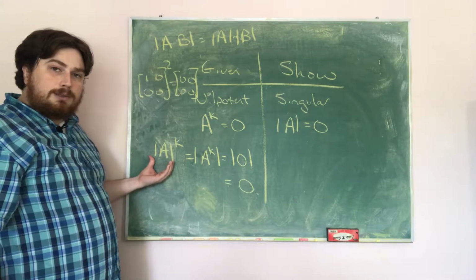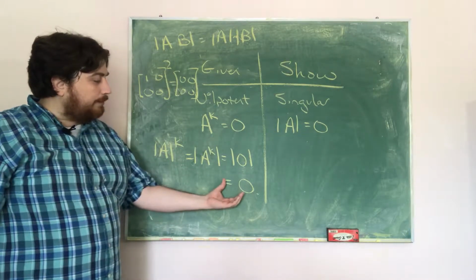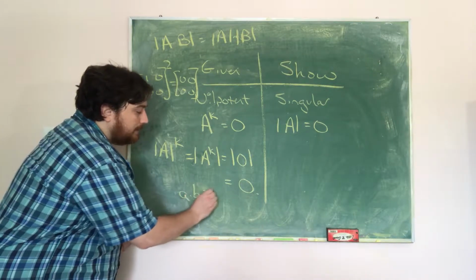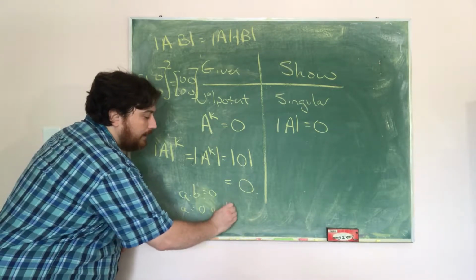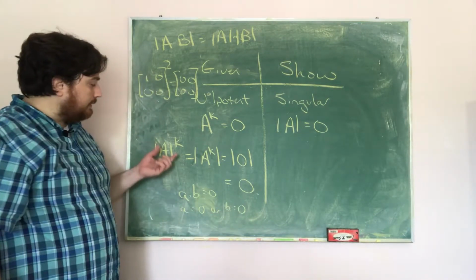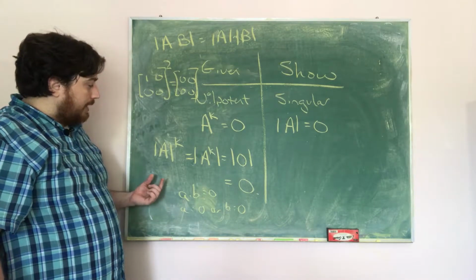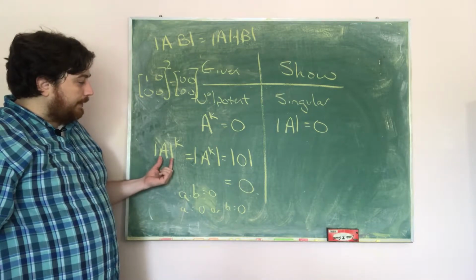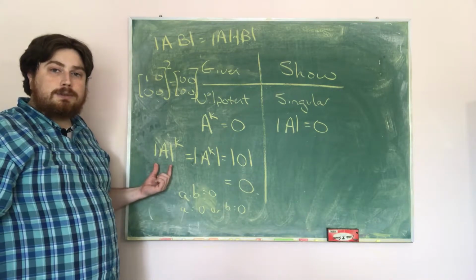However, with real numbers, can I have a number multiplied by itself ending up being 0? Well, what we know for real numbers is that if A times B is equal to 0, then A equals 0 or B equals 0. Since the determinant is a real number, the terms all multiply out to be 0, so one of the terms has to be 0.